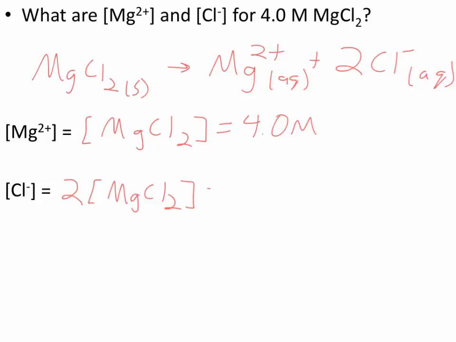And that means that's going to be 2 times 4.0 molar, which then gives us 8.0 molar. So again, note that our chloride ion concentration here, 8.0 molar, is double our magnesium ion concentration because we have 2 chloride ions for every 1 magnesium ion that we get to dissolve.